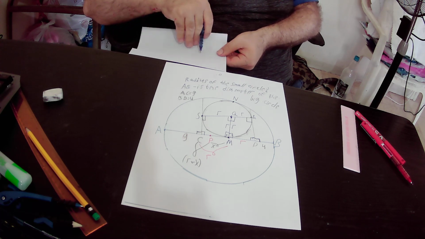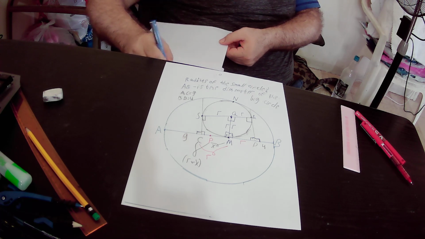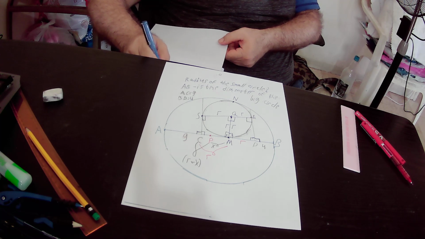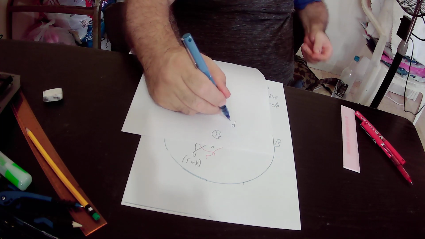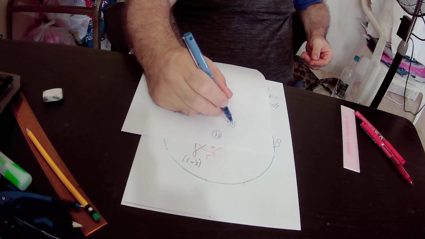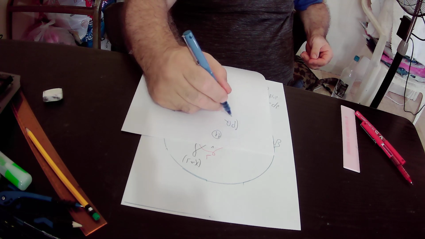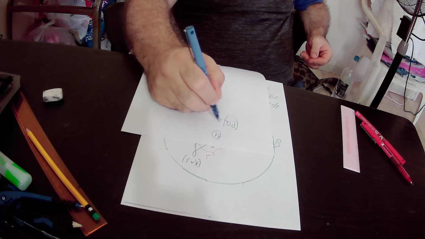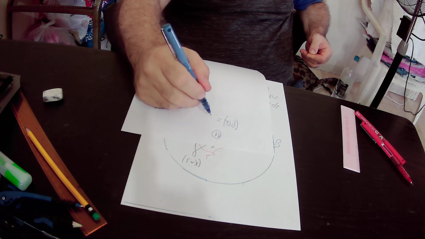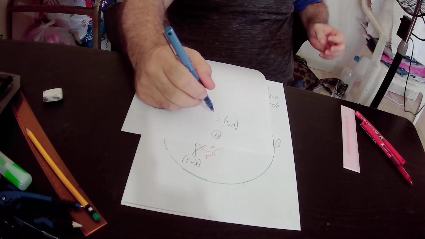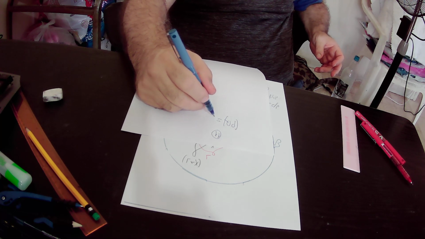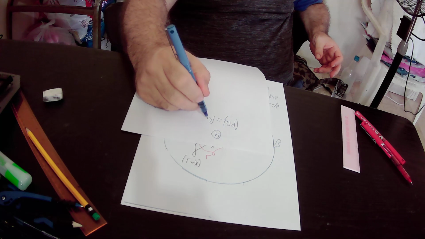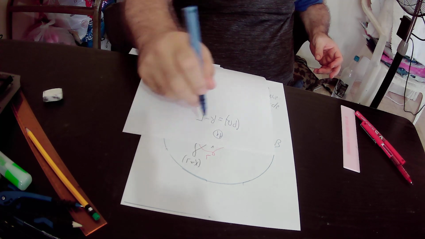So according to rule number 5, PQ equals capital R minus small r. Okay?